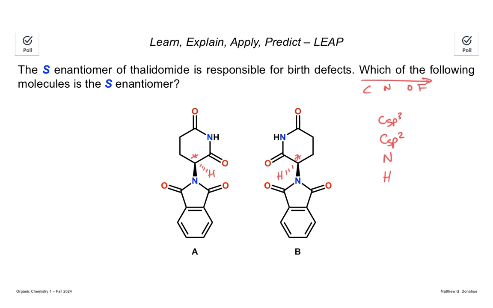Write out a little periodic table, then we want to assign priority. H is the lowest atomic number, so that's going to get priority 4. The dashed line means it's pointed away from you, so we're good with that part of the rule. 2 C's and an N, so N's going to get the highest priority of 1.